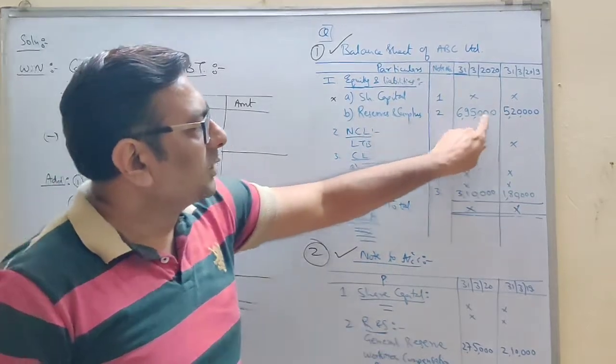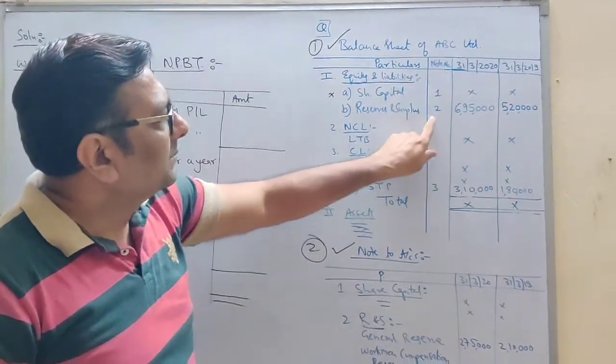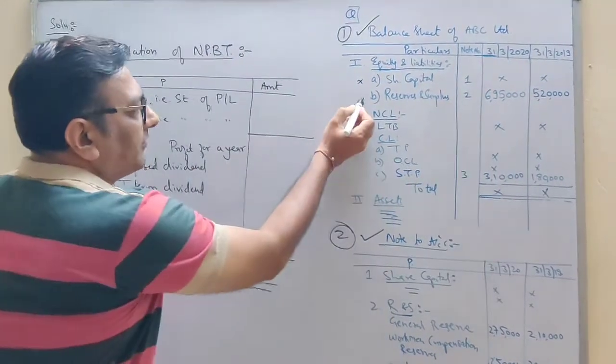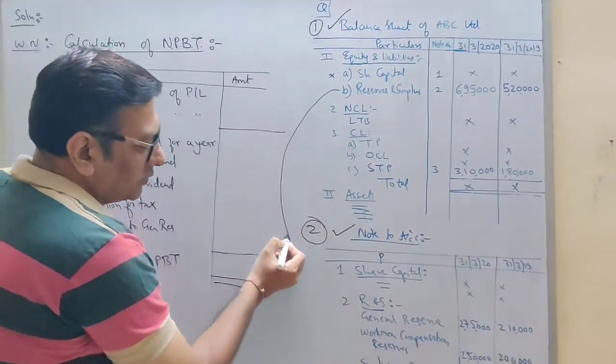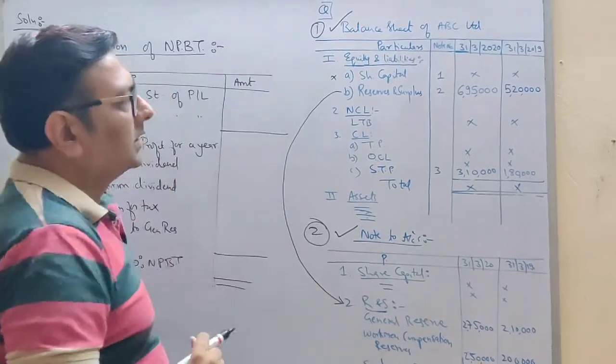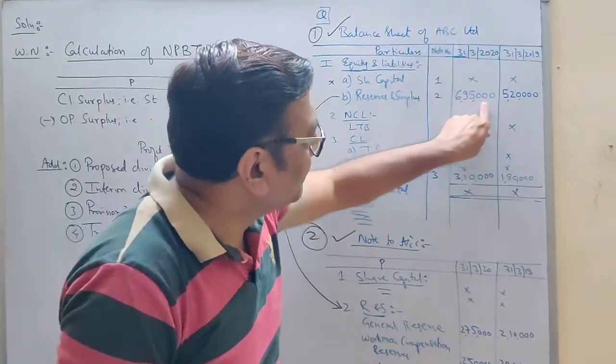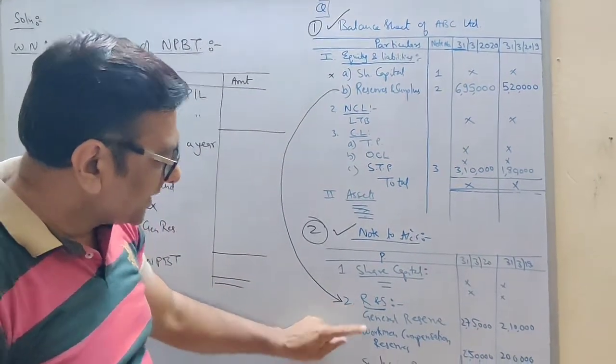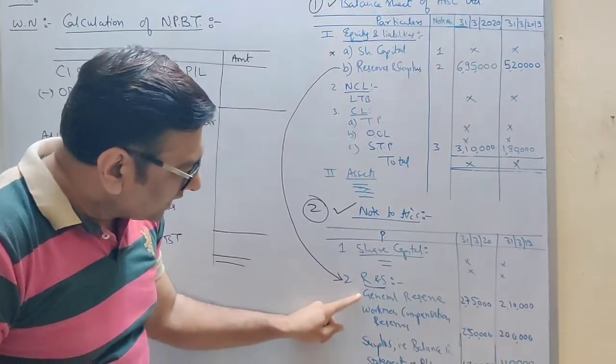Reserves and surplus amounts are given to you and the note number is 2. So you will have to refer to note to account number 2 to see the breakup of these amounts. When you see note number 2, reserves and surplus, you will get to know the breakup.